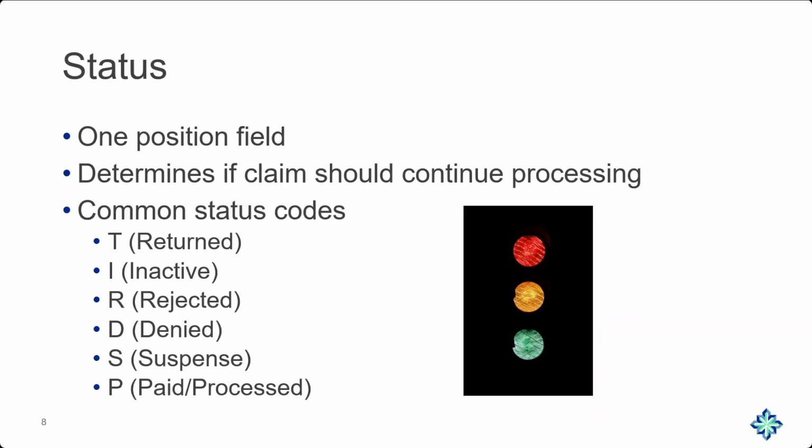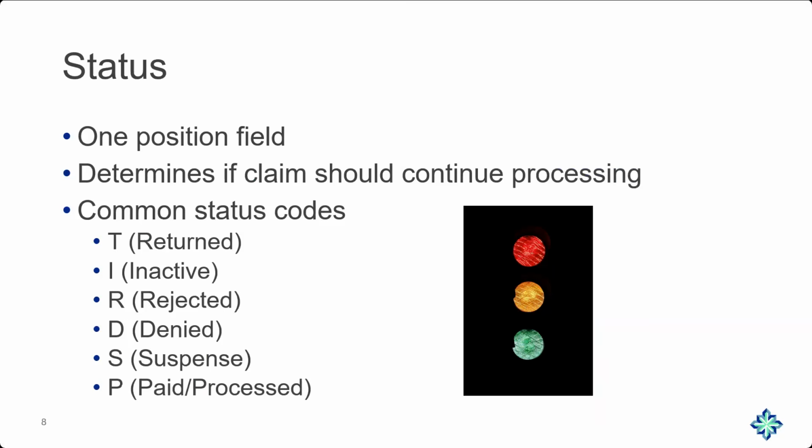Something that's rejected is either a user error, a billing error, something system related. Something that's denied is calling into question something about medical necessity. It may have been reviewed by a person. Your claim may have been compared to a local or national coverage determination.